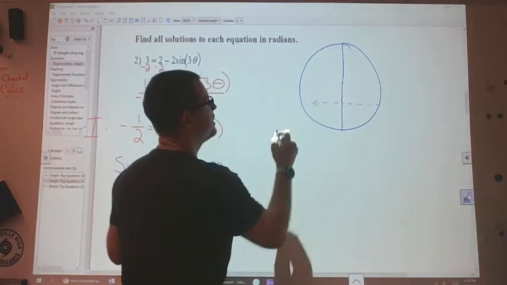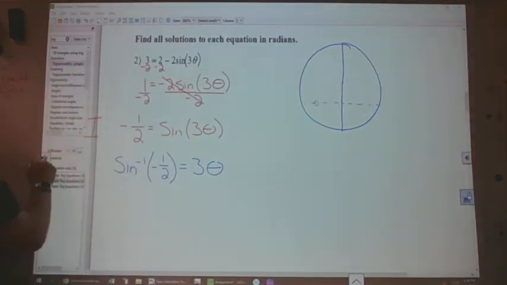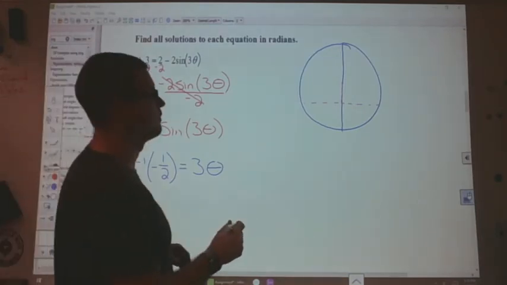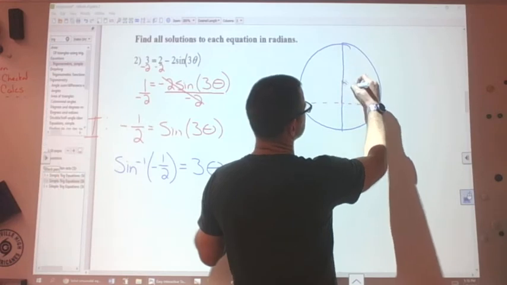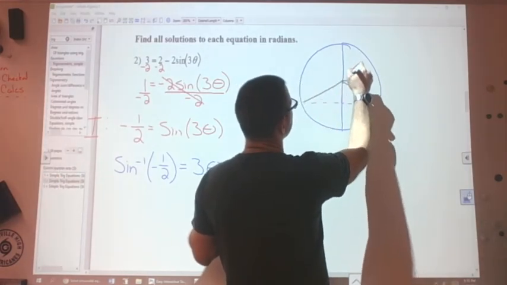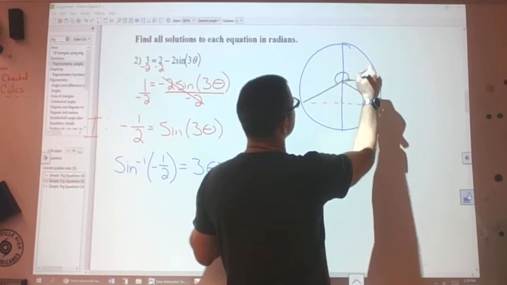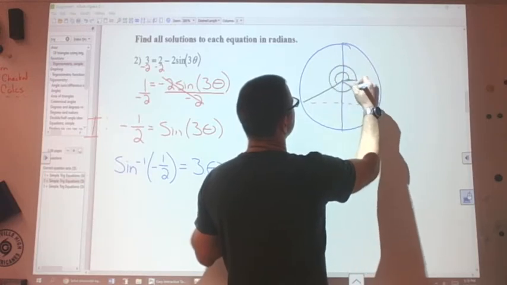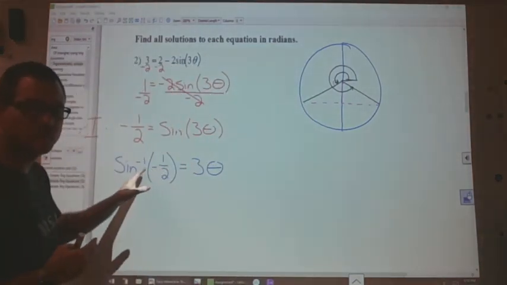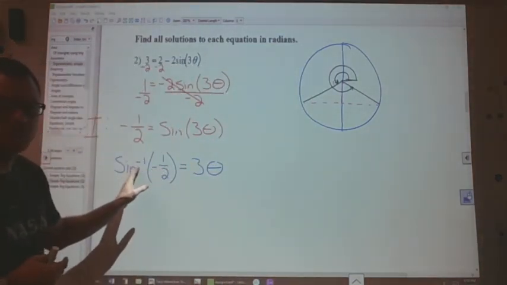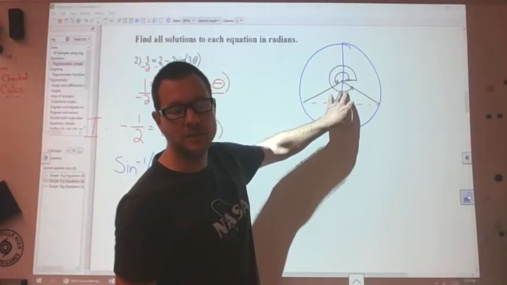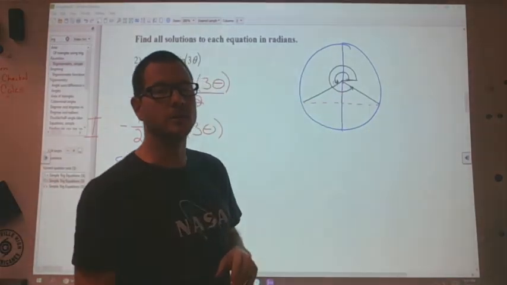Those are going to be my angles. So like the angles that connect there. One there. One there. And all that really does is allow me to take this algebraic expression and sort of visualize what it means on the unit circle.